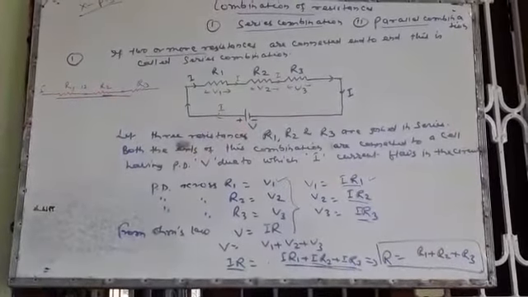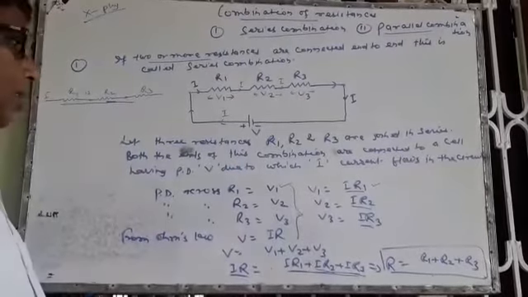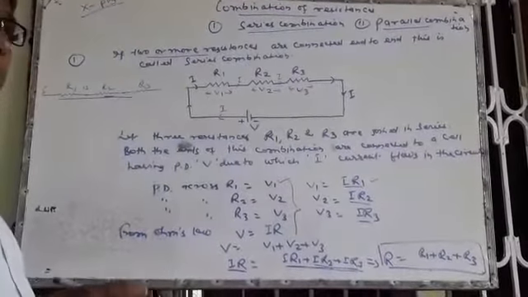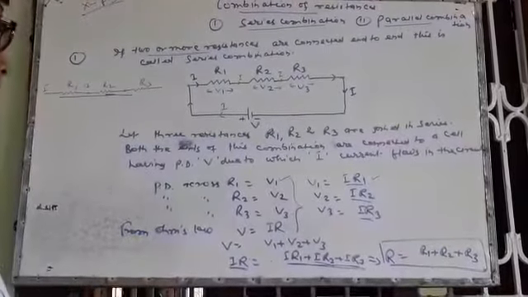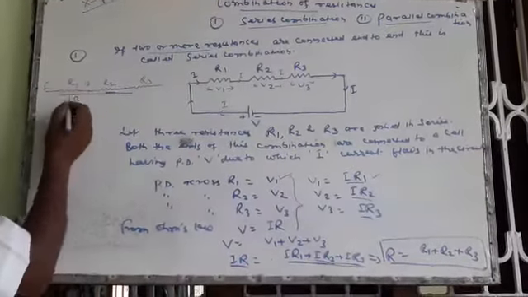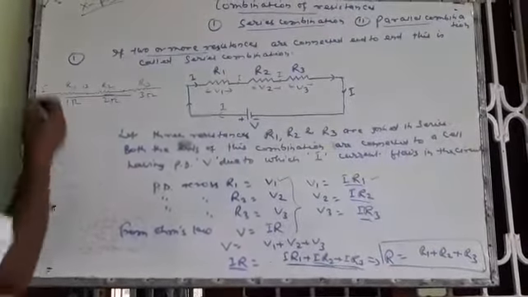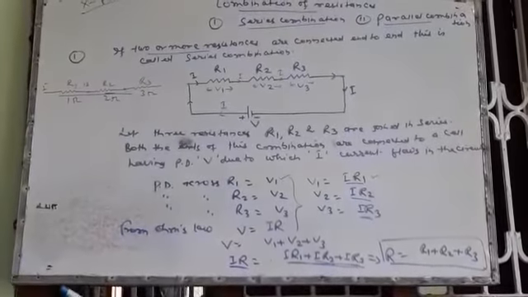This means if two or more resistances are given and they are combined in series, the total resistance will be the sum of the individual values. Suppose that it is 1 ohm resistance, 2 ohm resistance, and 3 ohm resistance, all connected in series. So what will be the equivalent resistance?